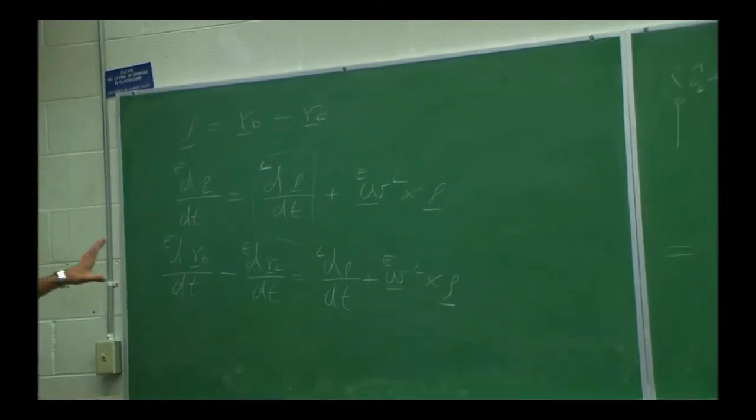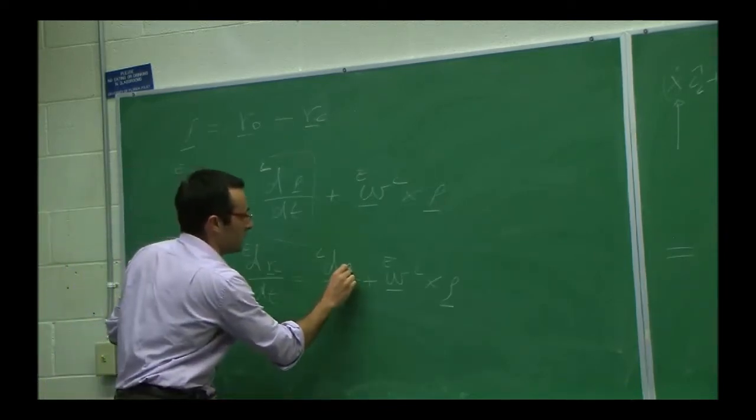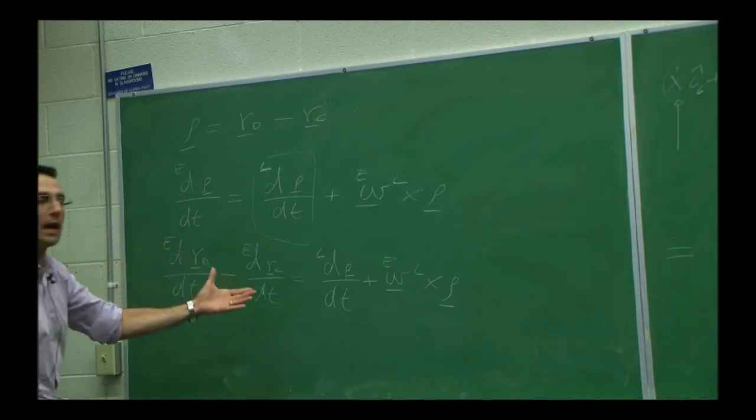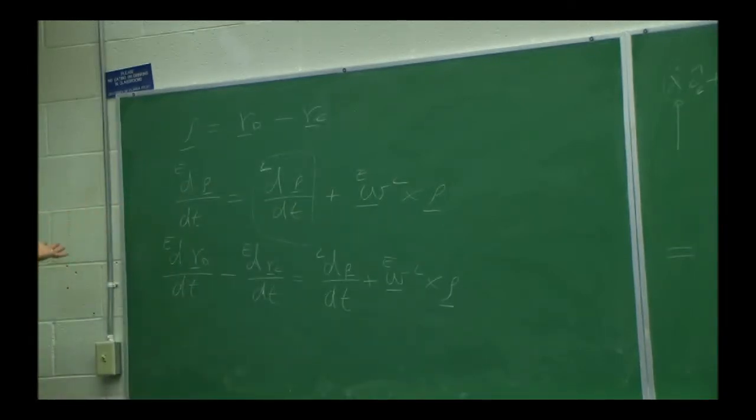Now, as long as you remain symbolic like this, you don't have to implement this in MATLAB or in any program, or do it manually. You don't actually have to have numbers here. This is all fine, okay? This is a perfect, legit vector equation.